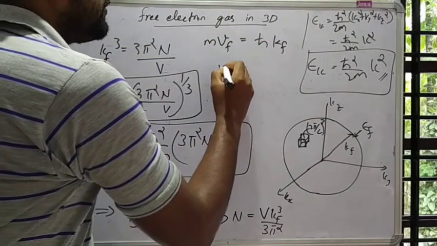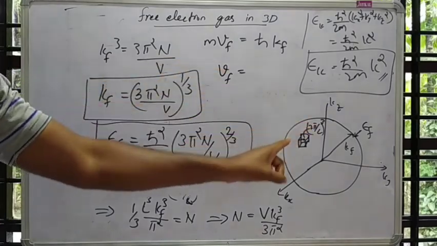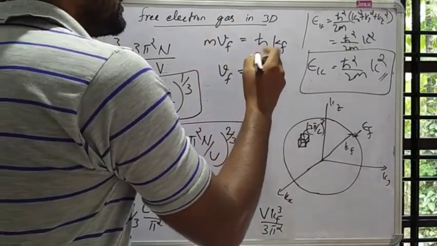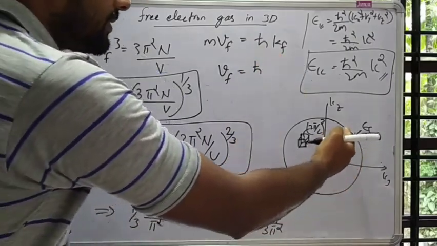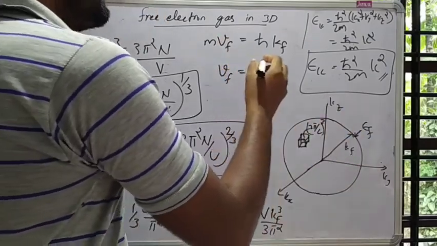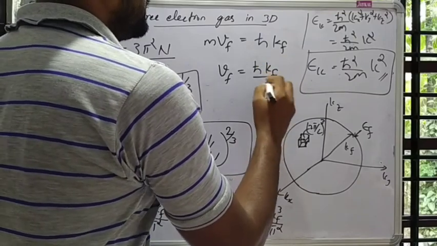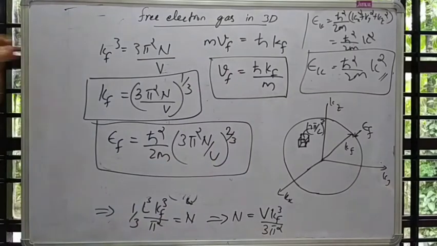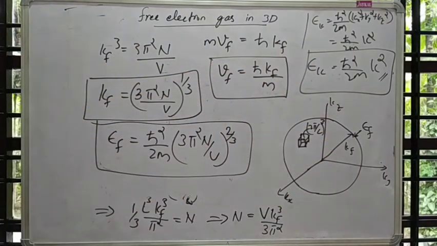So vF, the Fermi velocity, that means the velocity of electrons inside the metal in the ground state, is equal to ħ kF over m. Okay, this is the velocity of electrons on the surface of this sphere. Okay.